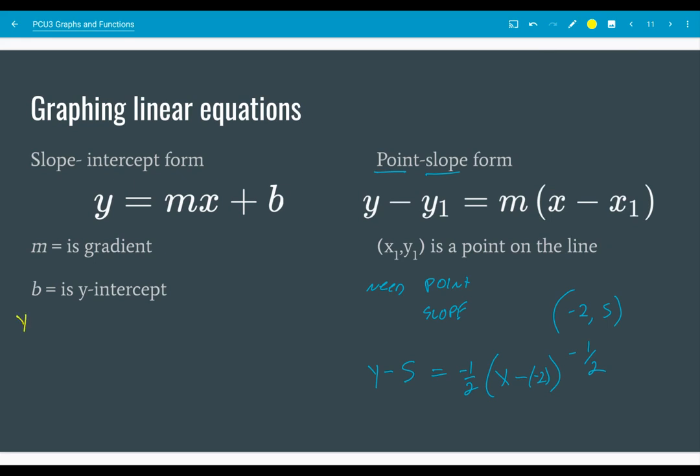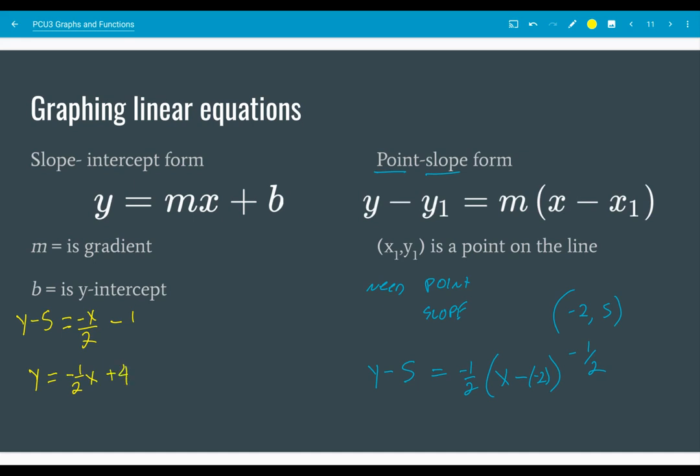you'll end up with y minus 5 equals negative x over 2 minus 1. Well, let's see. Y equals negative 1/2 x plus 4.